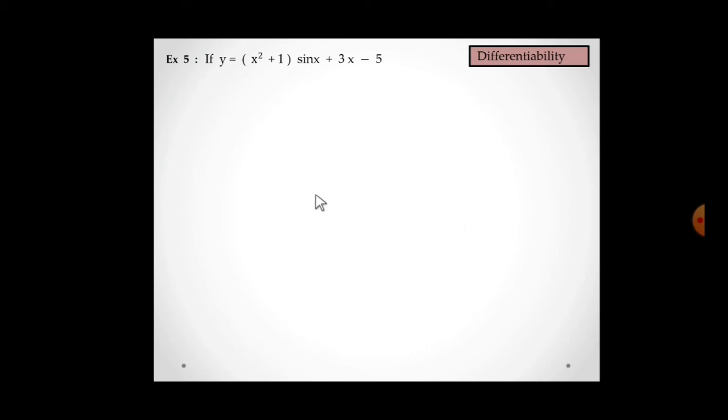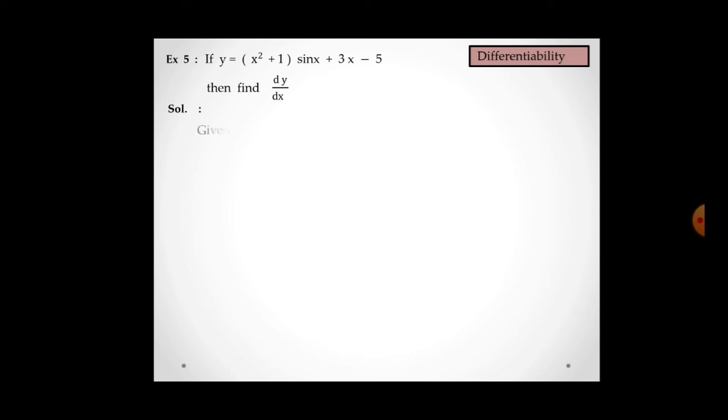Okay, here we have a product. That means when you are writing the differentiation of this product, you have to follow the product rule. And plus 3x, it is a single 3x, minus 5 separate. Then find dy by dx.